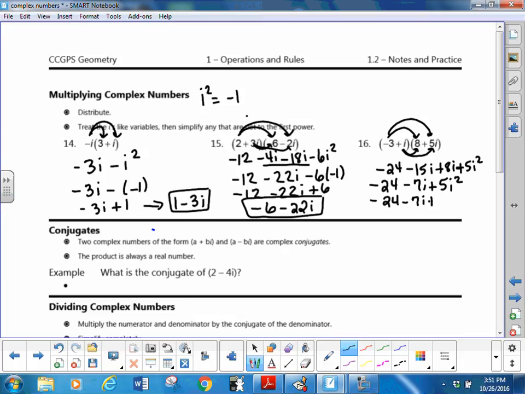And then if I substitute in negative 1 for I squared, I have negative 24 minus 7I minus 5. And if I put that together, I get negative 29 minus 7I. And that's the correct form. So I'll put the box around it.